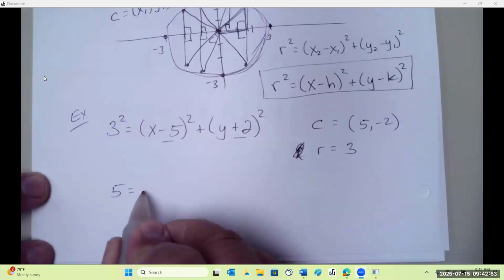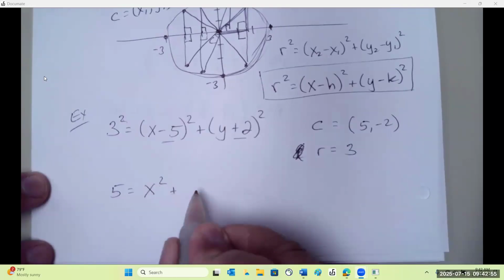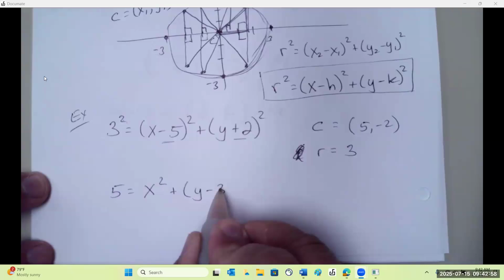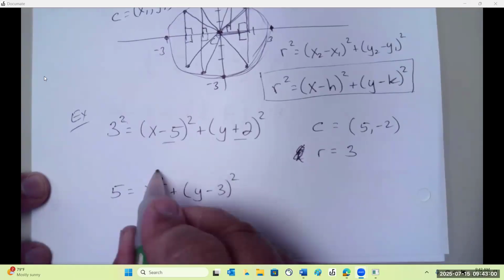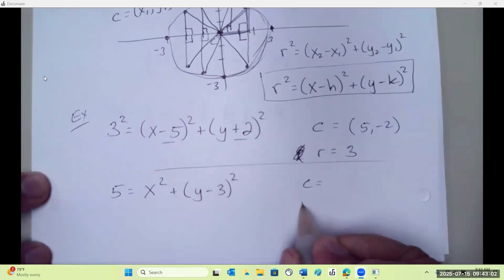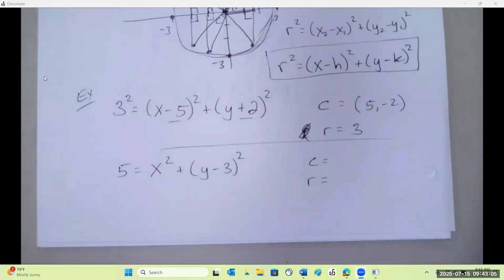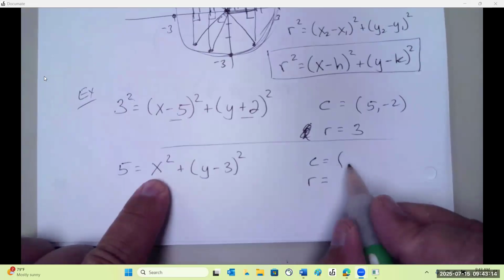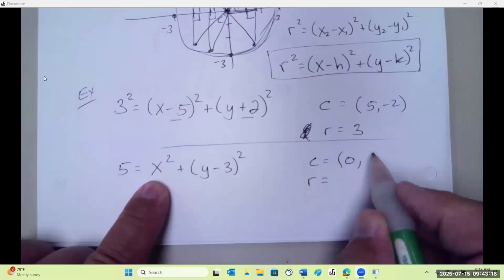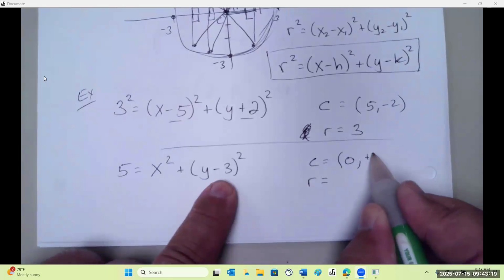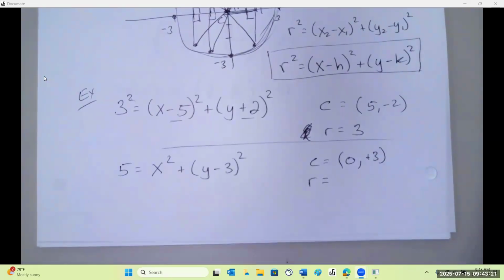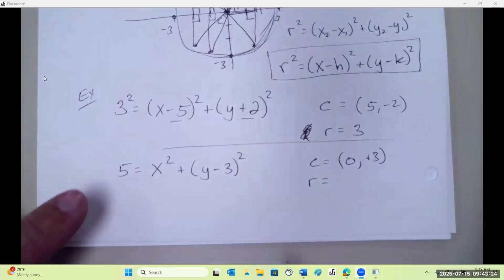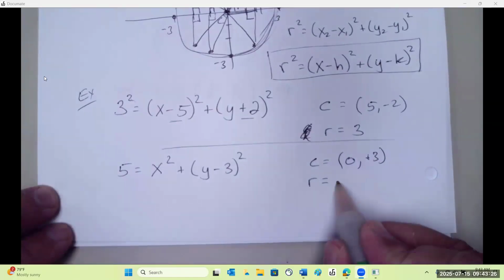What if I gave you this? What's my center and what's my radius? Since this one doesn't have anything plus or minus, it's 0. And this is -3, so the answer is +3. That's my center. The radius is what? Square root of 5.